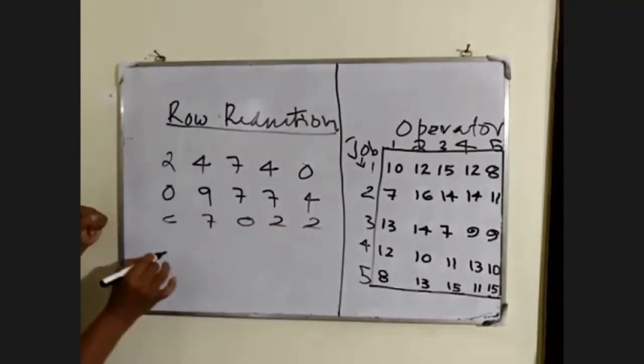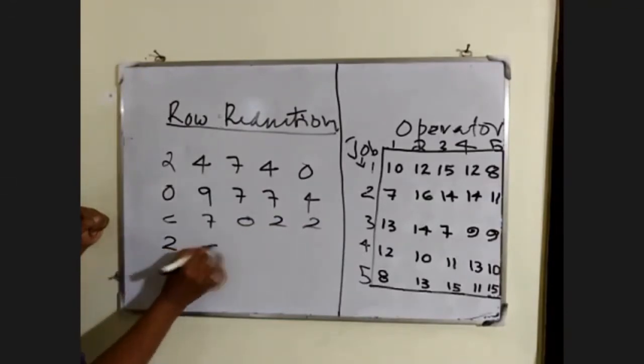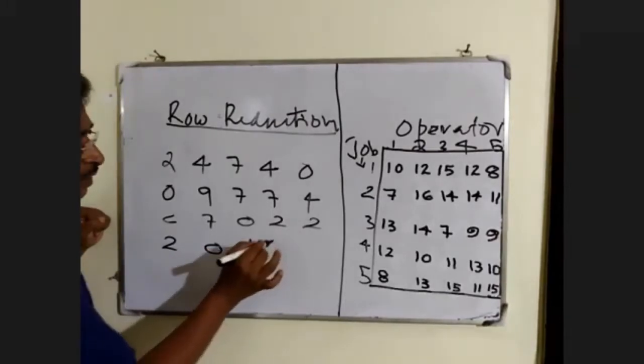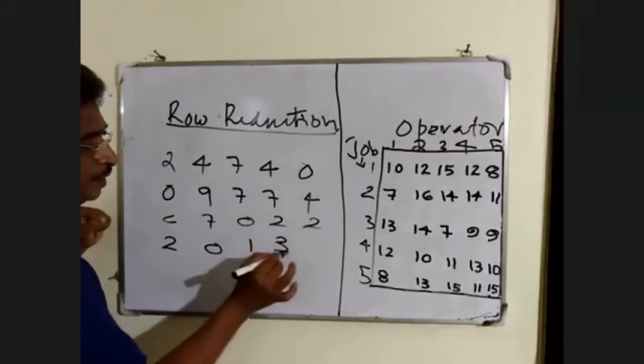Then the next row: 10 is the minimum, so subtract 10, giving 2, 0, 0, 1, 1, 3, 3, 0.